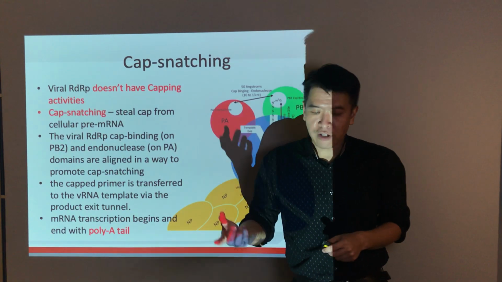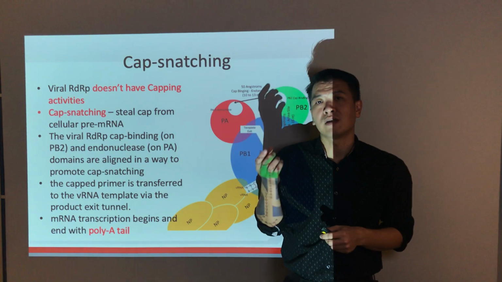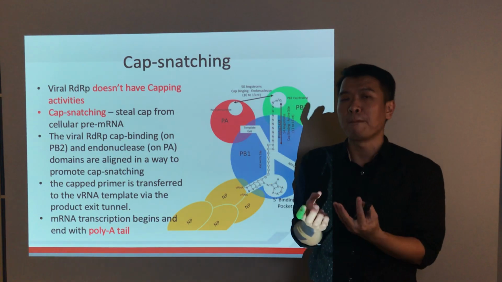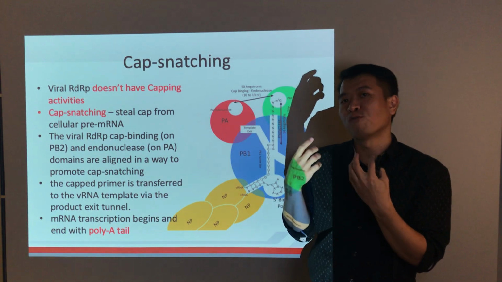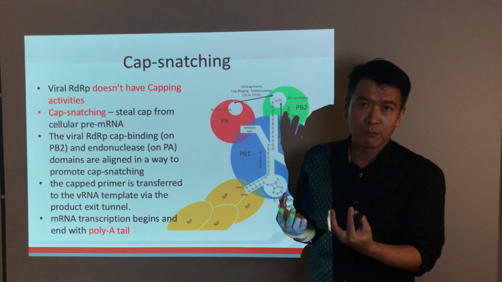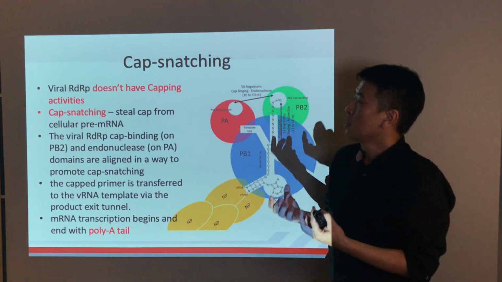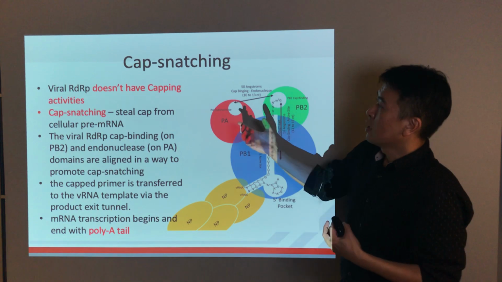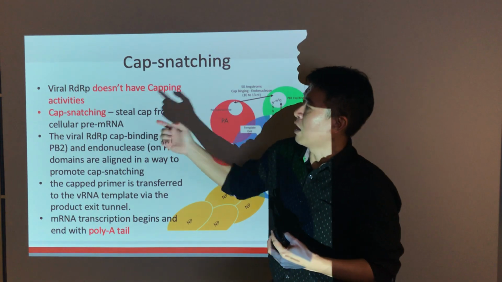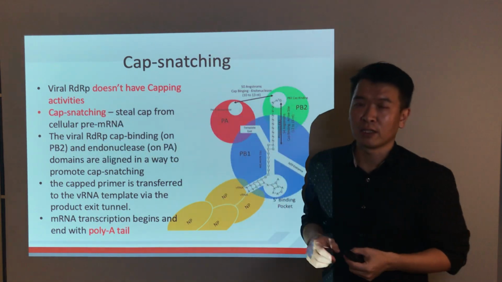So, like I mentioned earlier, the polymerase of influenza virus doesn't have capping function. That's why they need to find the cap. They find the cap. Because they cannot produce the cap, what they do is carry out a process called cap snatching.